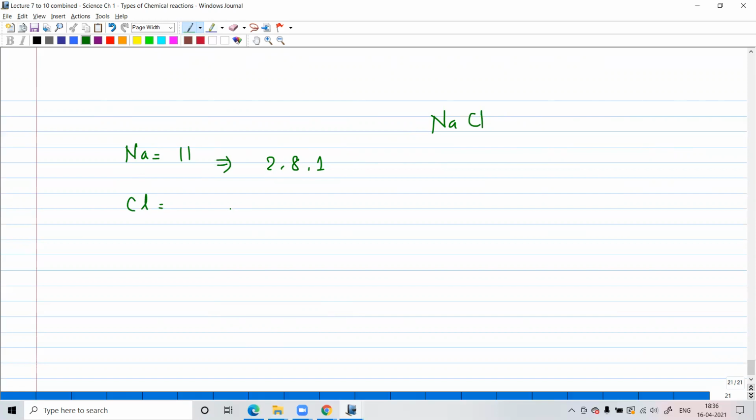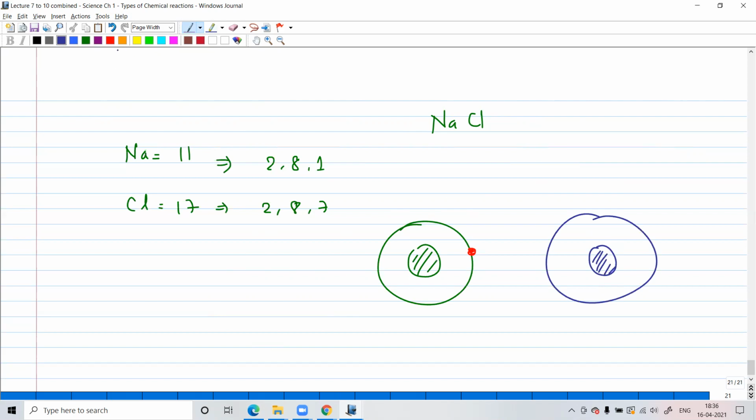The atomic number is 17, and the electronic configuration is 2, 8, 7. So if you try to draw the nucleus of sodium, and I'm drawing only the outermost shell, it will have only 1 electron. And chlorine will have 7 electrons.